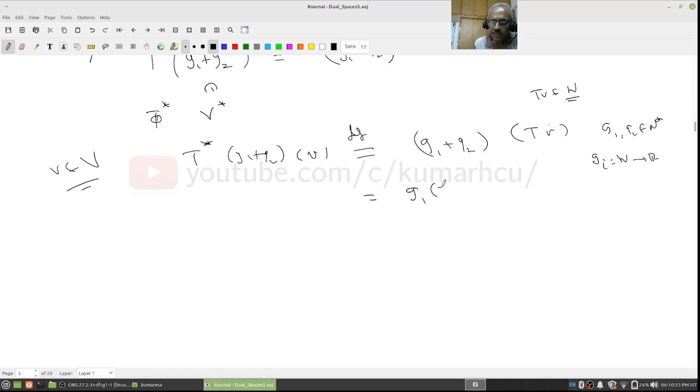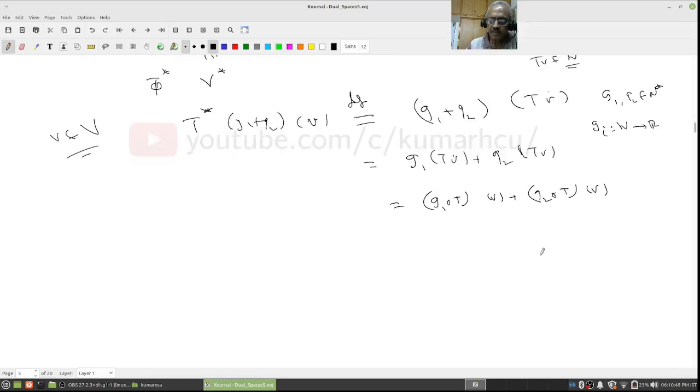That is G1 of TV plus G2 of TV. But this is nothing other than G1 composite T acting on V plus G2 composite T acting on V. You understand? But this is nothing other than T star of G1 acting on V plus T star of G2 acting on V.